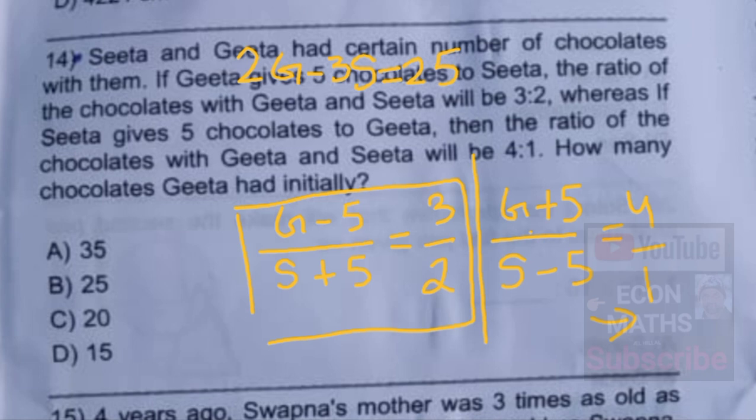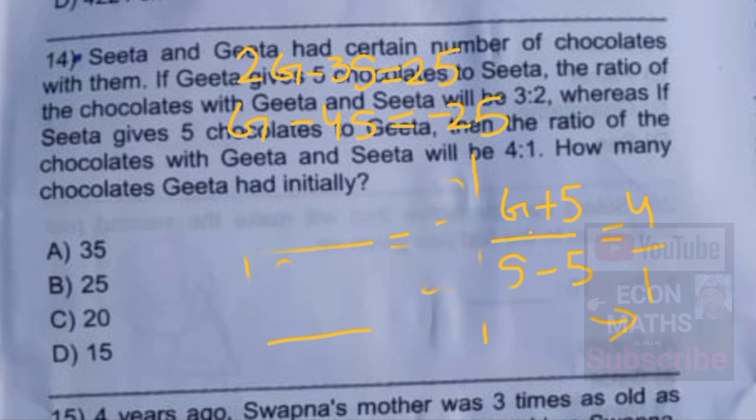And when solving the other equation, we will get g minus 4s is equal to minus 25. So I will rub this here. So we got these two equations.